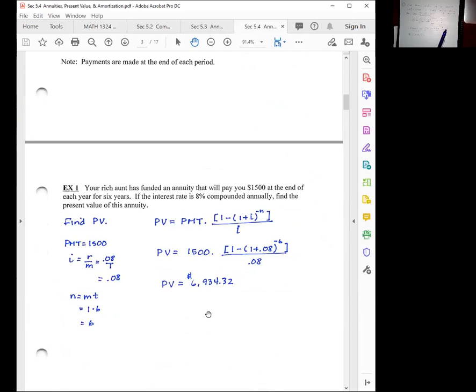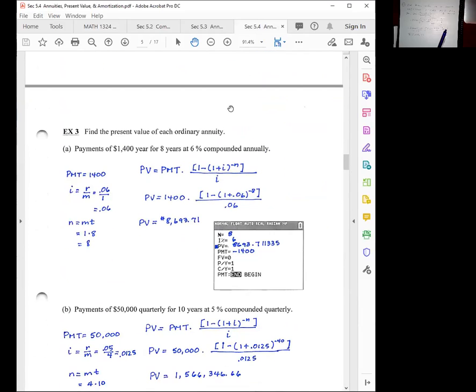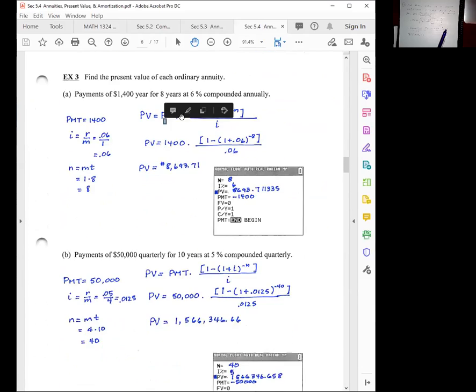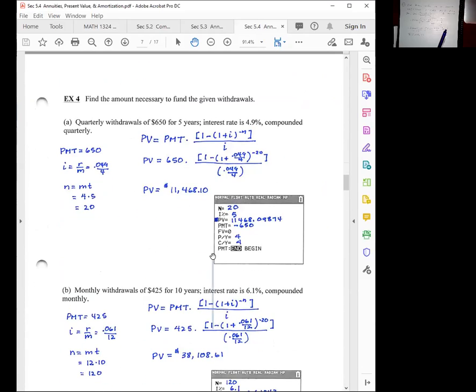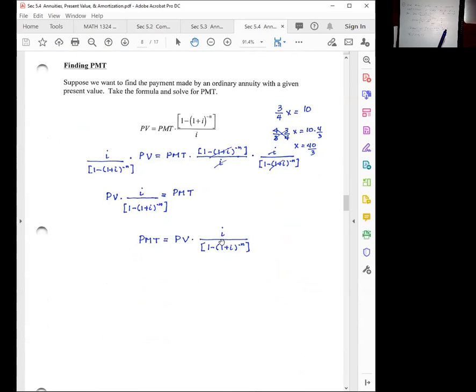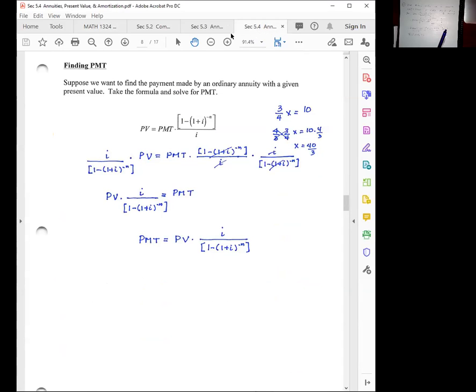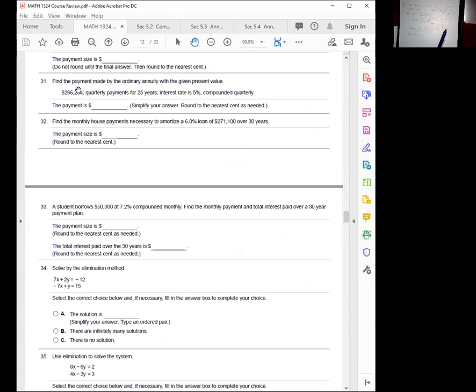I don't know if it's in here or not. Let me see. Yeah, using this one. So you just use this formula for number 31. You just plug in everything, and you'll have payment. The 31, 32 are the same deal.